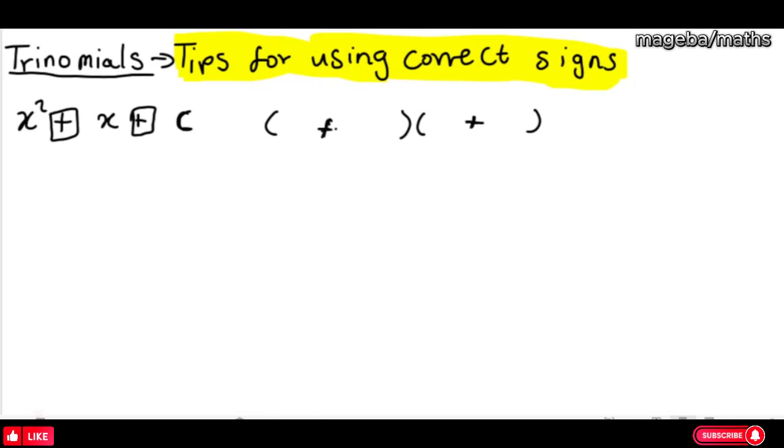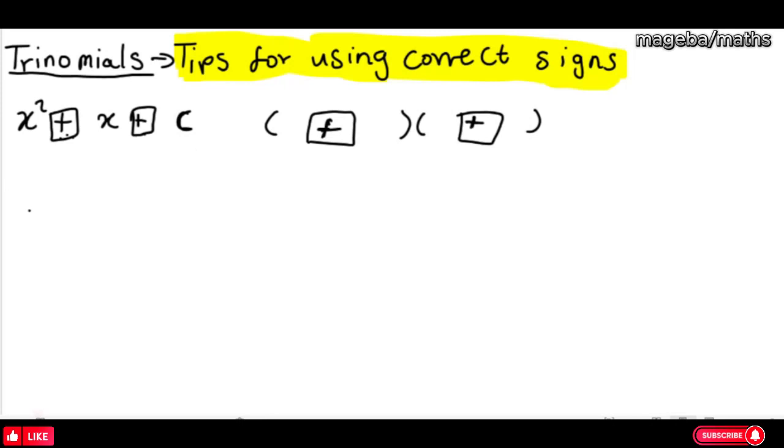It doesn't matter what factors you have in terms of factorizing. If the middle term has a positive sign and the last term has a positive sign, when I'm factorizing my trinomial, both of these signs inside the brackets are going to be positive.